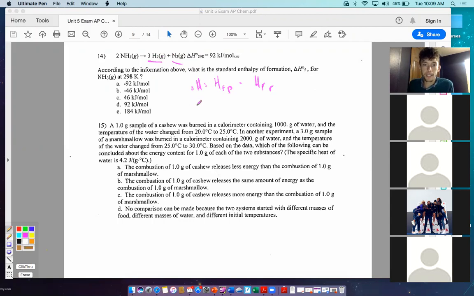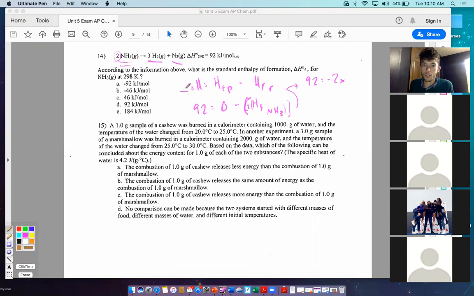So I can say that 92 equals 0 minus the heat of formation of my reactant NH3. And I have 2 NH3s right now, so I would multiply that by 2. So I end up getting this algebraic equation: 92 equals negative 2x, where x is the heat of formation of NH3 that I'm trying to find.